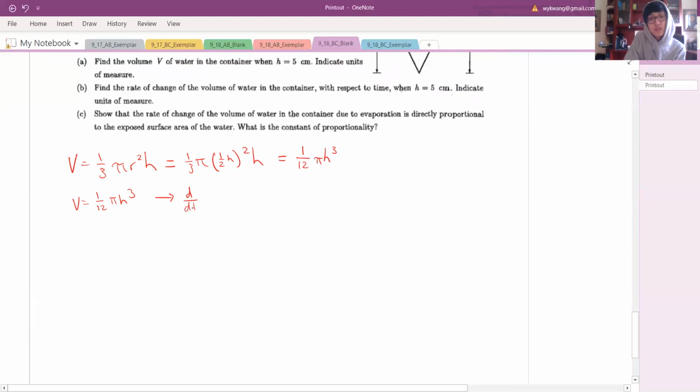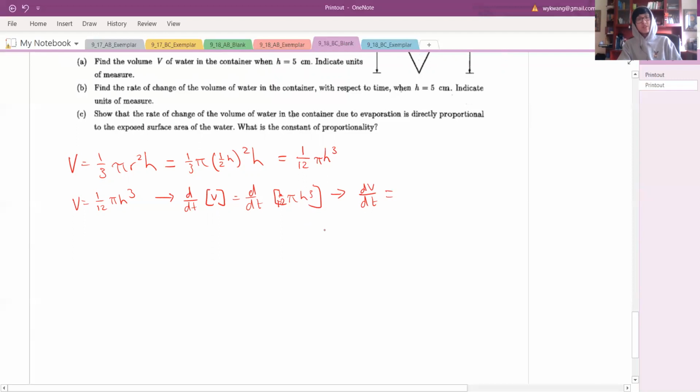So d over dt of V is equal to d over dt of 1/12 pi h cubed. Okay, so d over dt of V, again, is dV over dt. We explained that earlier. Now the second part, d over dt of 1/12 pi h cubed.